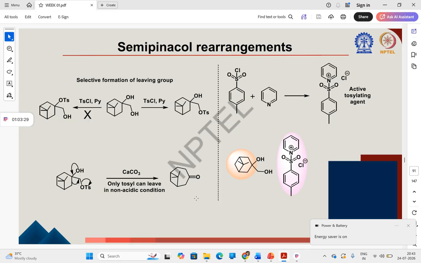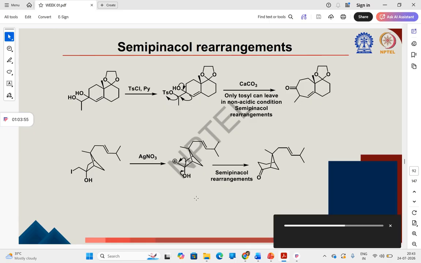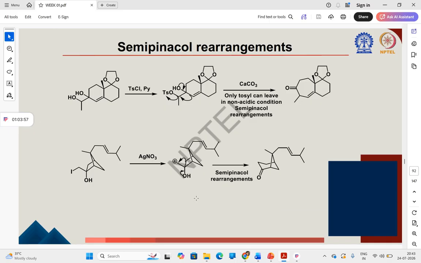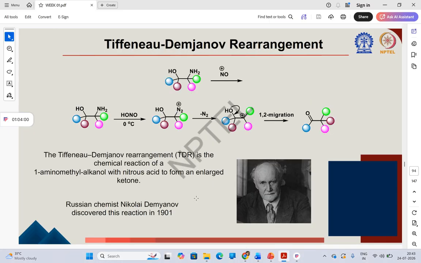That's why the semipinacol rearrangement reaction works well in this case. There are a few examples of the semipinacol rearrangement reaction.